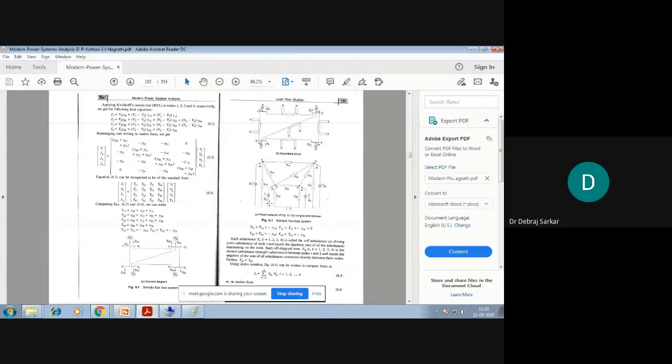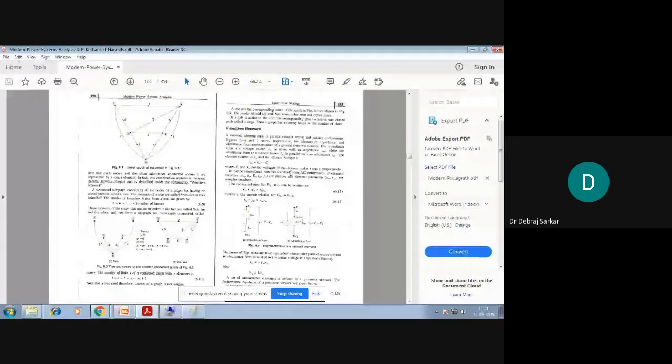There are two elements connected from node 0 to node 1, but in the graph format you will only draw a single line. Just remember this circuit, and this is the graph of that circuit.